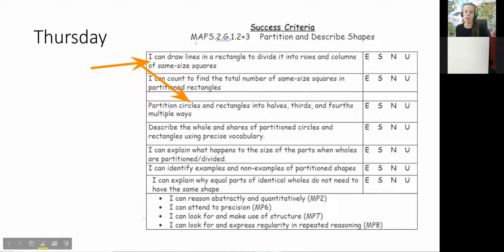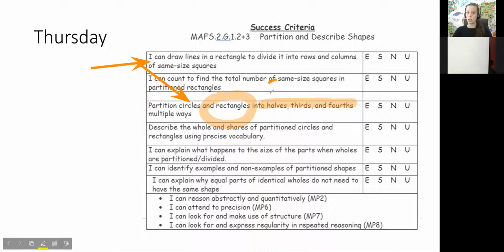Now, when I say rectangles, that also includes squares because technically a square is a rectangle. Technically. All right, we're going to partition circles and rectangles into halves, thirds, and fourths.